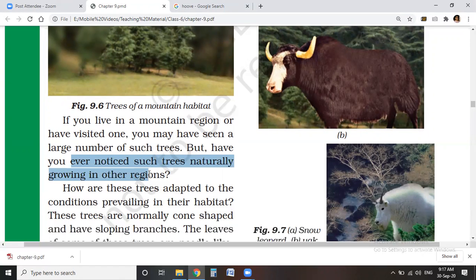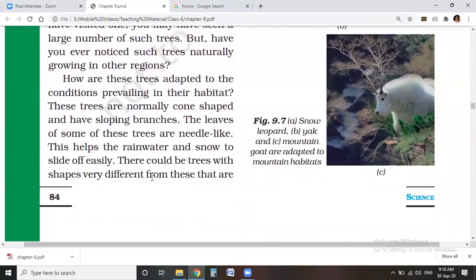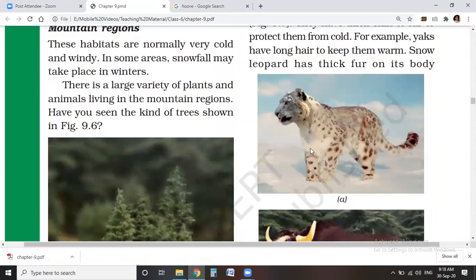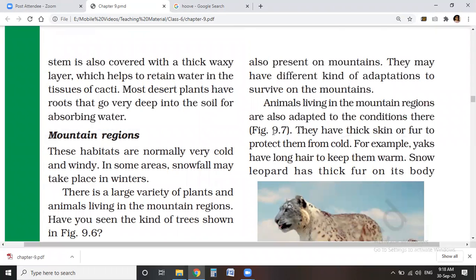Mostly for decorative purposes some plants are grown, but normally these do not exist in other regions. We already discussed that this branch has a sloped structure, which provides a slope, and that is why this plant takes a shape like a cone.